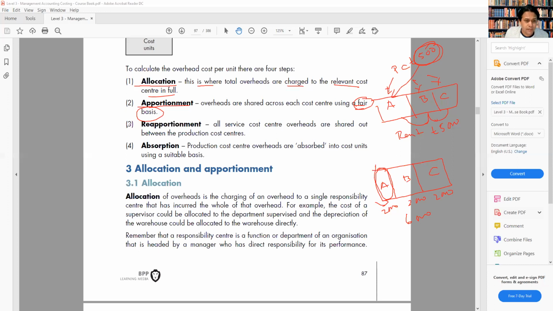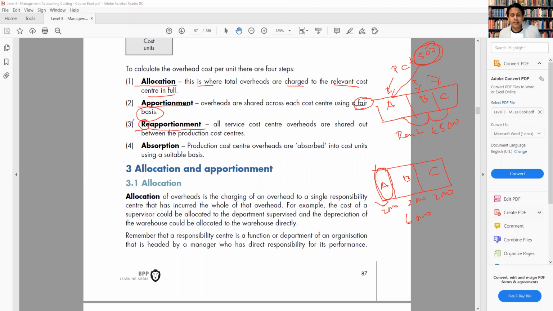The next one, number 3, is called reapportionment. You can see the word reapportionment. That means I already apportioned, then I will do it again. For example, let's say we have £5,000 to give to a supplier.